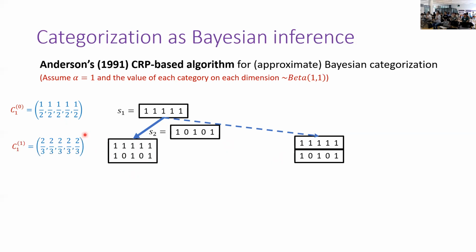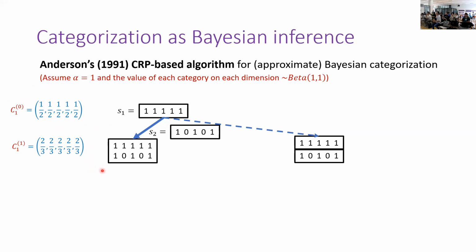It works like this. We know the priors for the stimuli in the first category, before we observe any stimuli, look like this. You have a 1/2 probability to observe a 1 and a 1/2 probability to observe a 0.